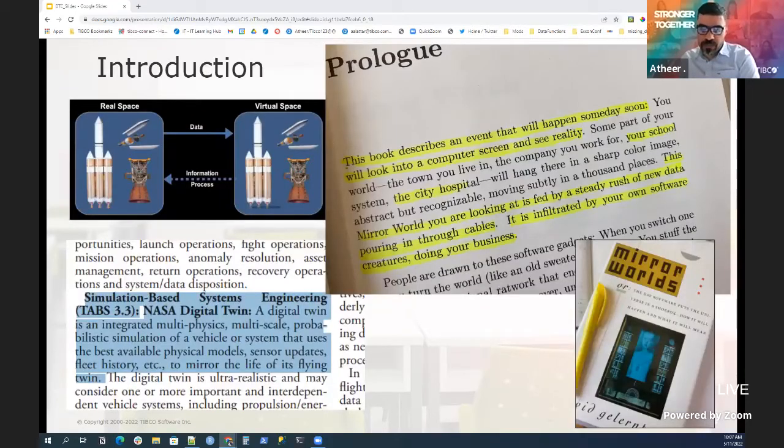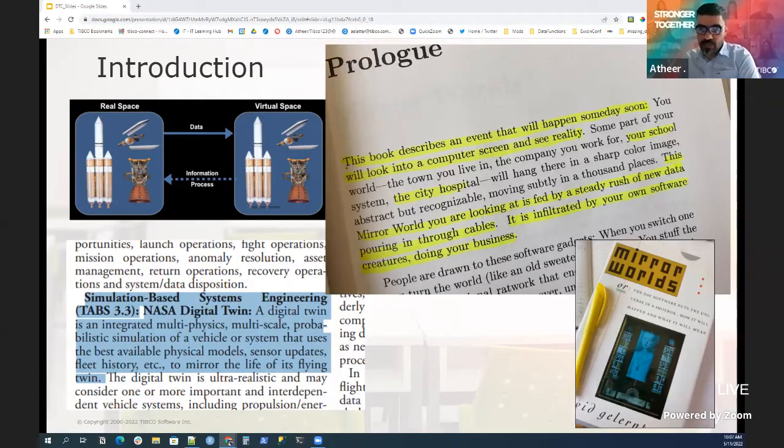So the concept of the digital twin itself was anticipated by Yale computer science professor David Gelernter in his book Mirror Worlds in 1991, as he imagined the world where you can see a whole city's traffic represented live on your computer screen, or how it will be possible for you to tour a whole hospital or a school from your desktop with a continuous flow of real-time data.